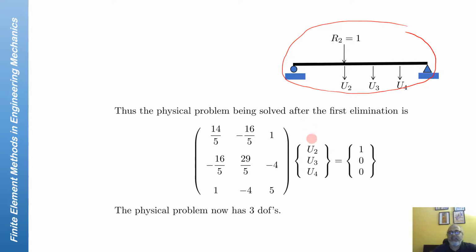Equivalent in the sense that the solutions to u2, u3, u4 are still the same as that of the original problem, with 1 degree of freedom eliminated. When you do the next step, you now have to eliminate these two, so you will multiply this by minus 16 by 5 divided by 14 by 5, on the left side as well as the right side, and subtract it from the second.